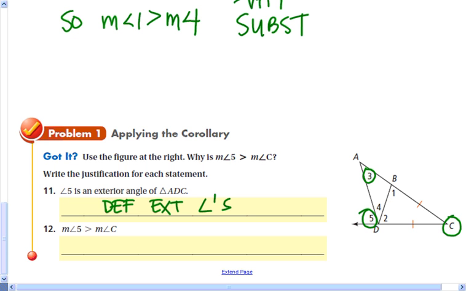And the measure of 5 is greater than the measure of angle C by the corollary to the exterior angle theorem.